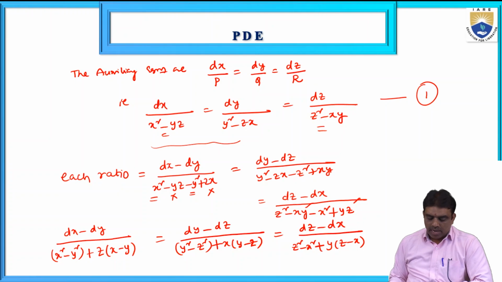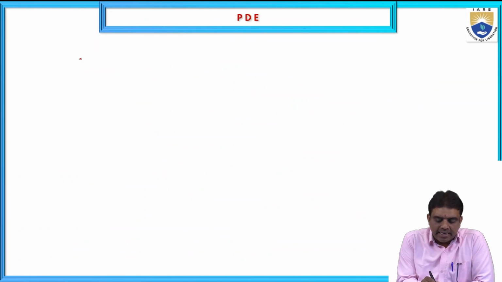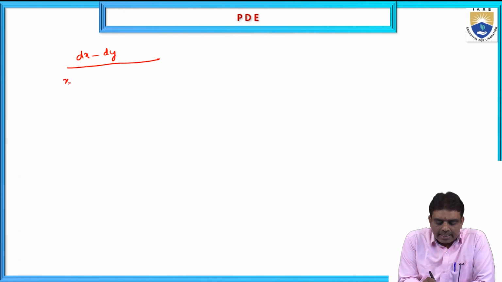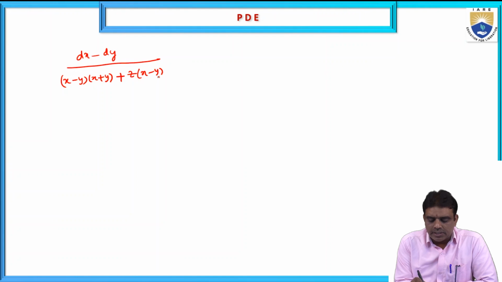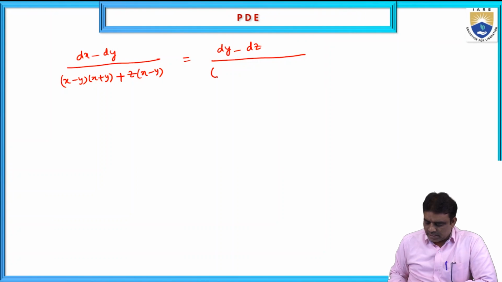Now I can write dx minus dy by x square minus y square as x minus y into x plus y plus z into x minus y. In the similar way, you will get dy minus dz by y square minus z square.